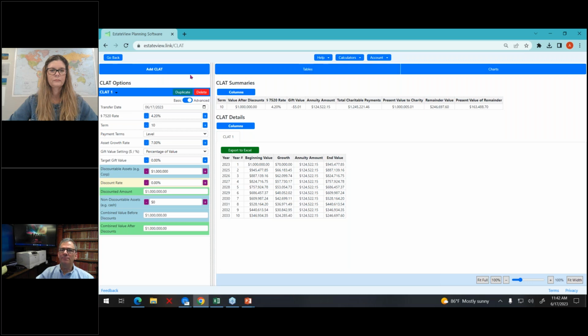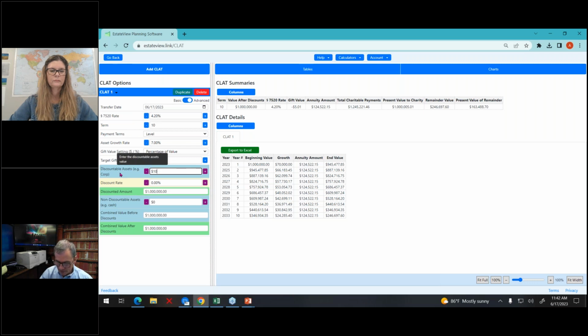I have here in my calculator a 10-year CLAT with level annual payments, assuming that the assets will grow at 7% a year and today's 7520 rate of 4.20. We're going to use 10 million here.